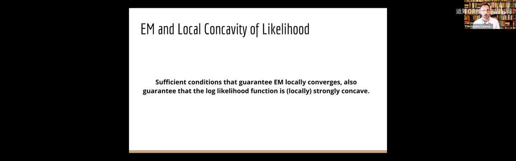So the first result that I find exciting, though it really is, at the end of the day, just an observation, but it was something that I didn't realize, is that the sufficient conditions that we use that guarantee that EM converges locally also guarantee that the log likelihood function is locally strongly concave.